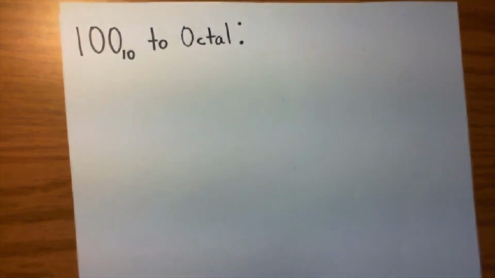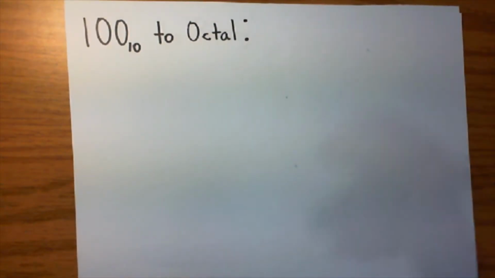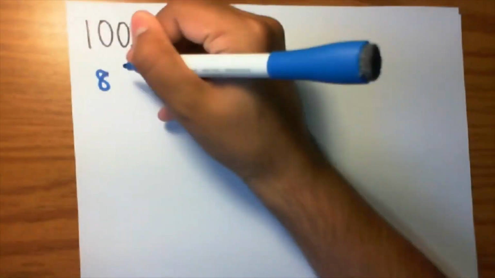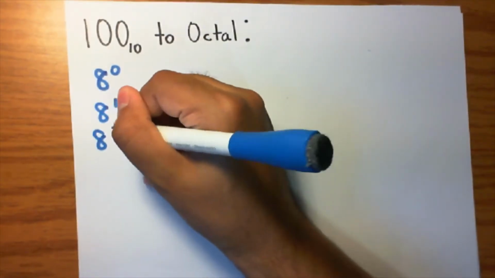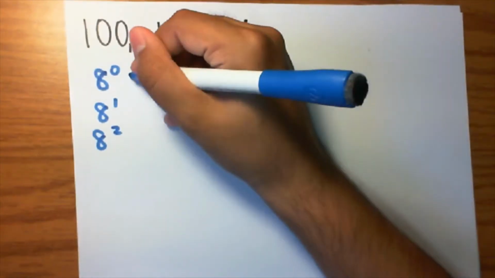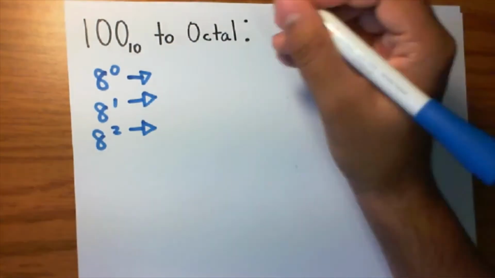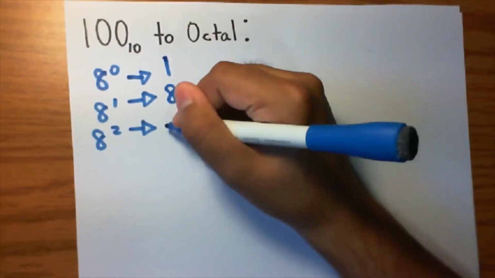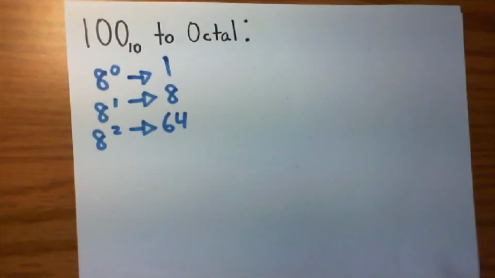So the next one is 100 decimal to octal. So what we have here is we're just going to do the same thing. 8 to the 0, 8 to the first, 8 to the second, and this is a 1, this is an 8, and this is a 64 because 8 squared is 64.